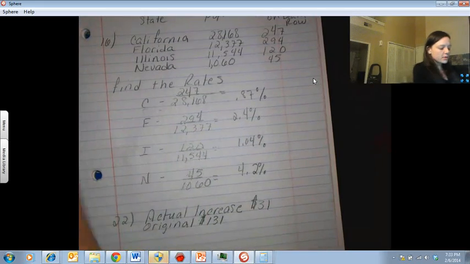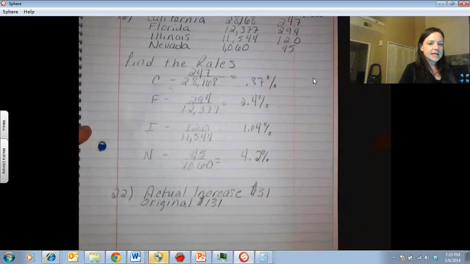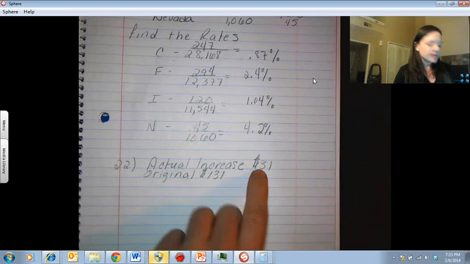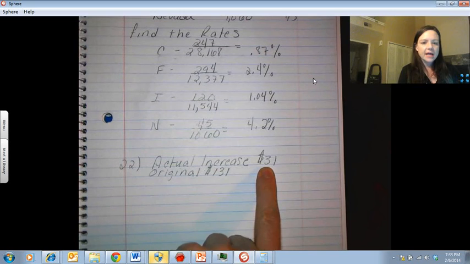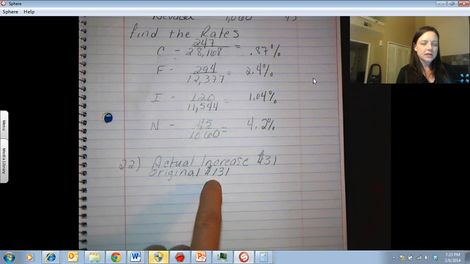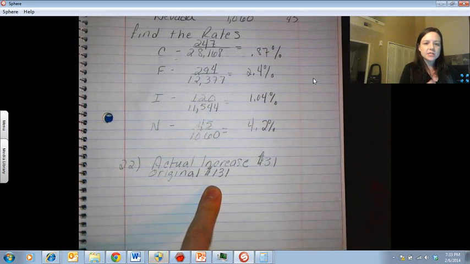What we're looking for then is, for number 22, from $131 to $162, the actual increase is $31, okay? The original that we started with was $131. So it went up, we're going to have an increase. If the money went down, it would be a decrease, obviously.